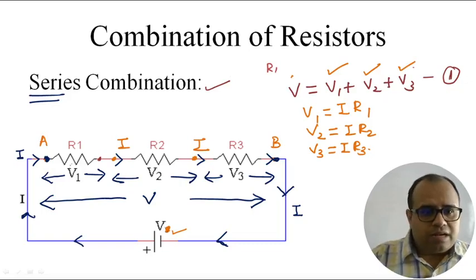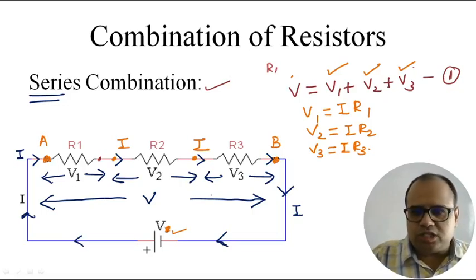Do remember that V is the potential difference across the ends A and B. Between these two points, the potential difference V is created by this cell or battery.